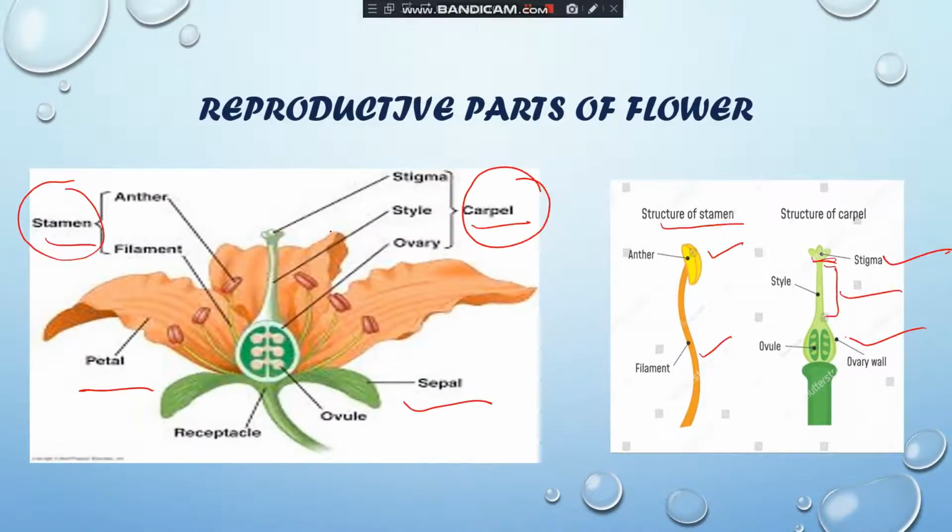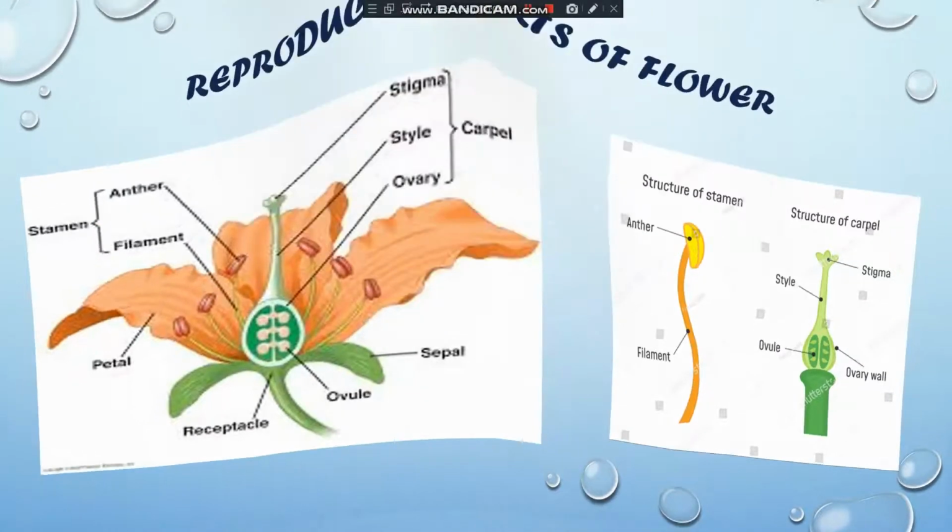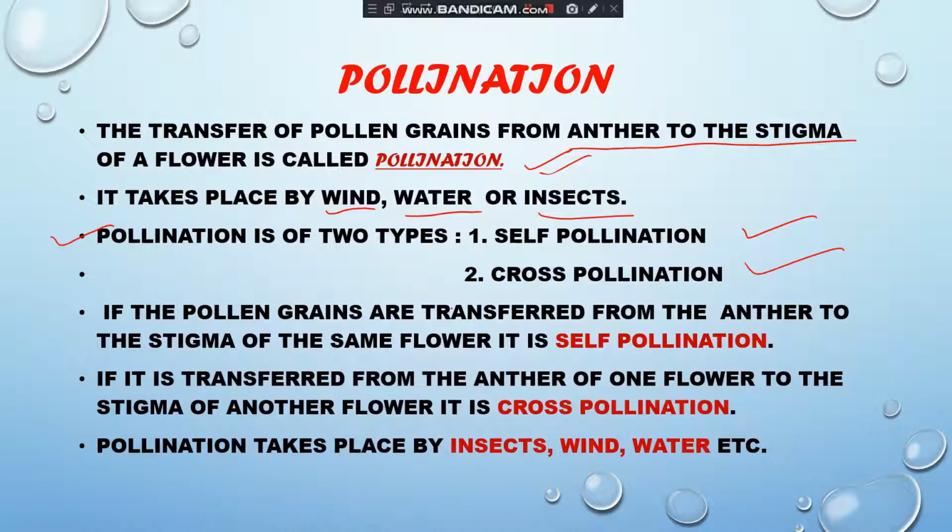Like this is a flower which contains the female reproductive part and the male reproductive part. So if the pollen reaches from the anther to the stigma of the same flower, from here to here, then it is called self-pollination.